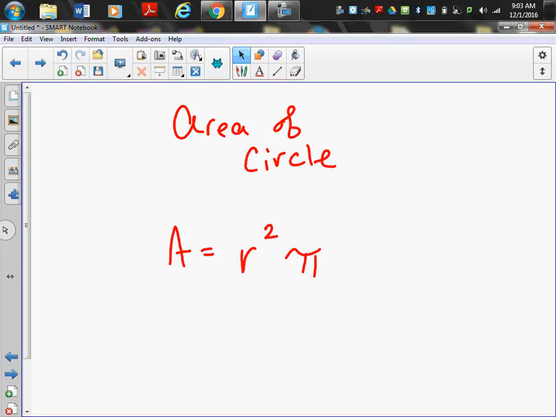Radius squared times pi. So in your homework assignment, you're going to have one that tells you what the perimeter or the circumference of your circle is. And then it's going to ask you to find the area.